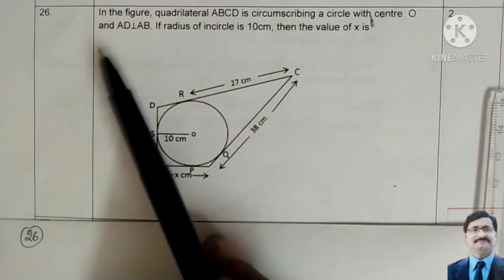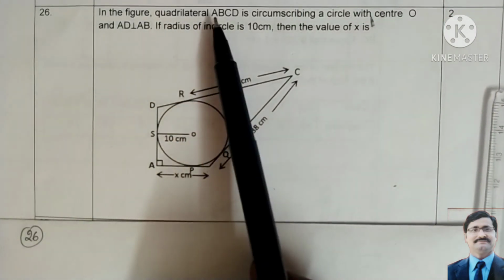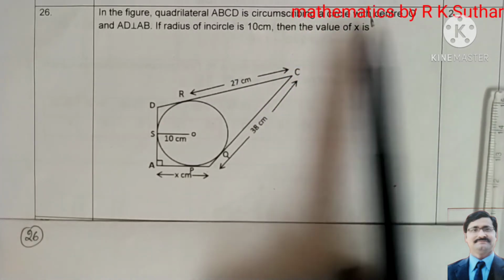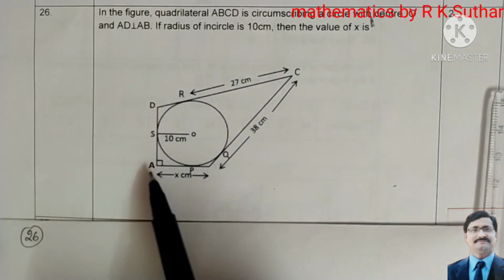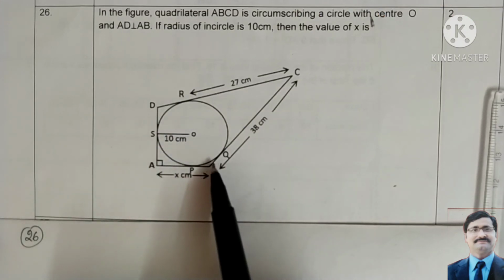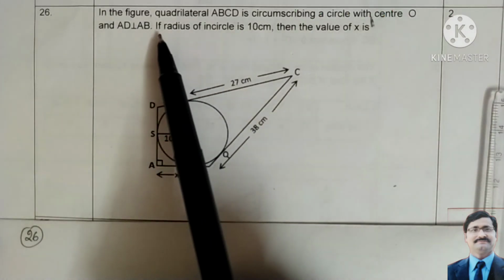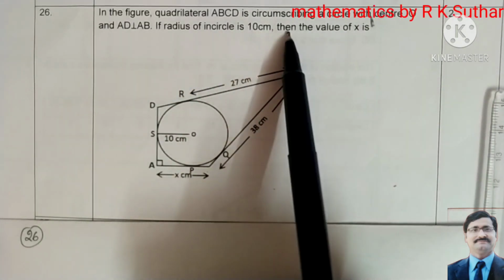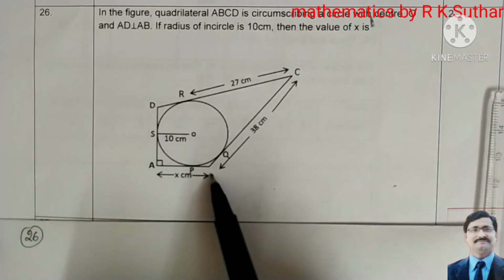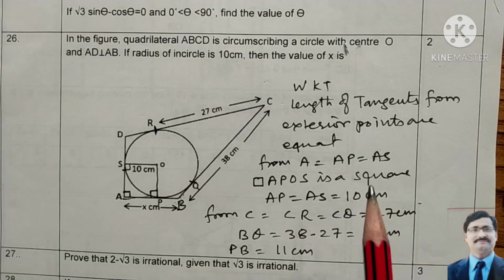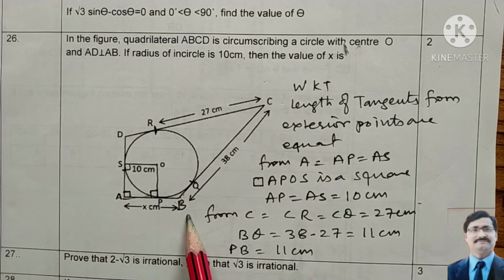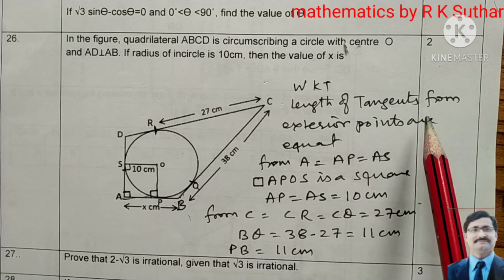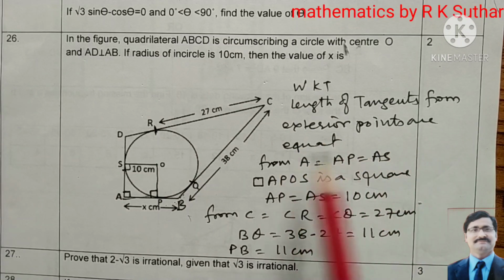Look here in the figure, quadrilateral ABCD is circumscribing a circle with center O, and AD is perpendicular to AB, and the radius of the incircle is 10 centimeter. Then find the value of x. This x value we have to find. Look here all of you, this is a point B and this is x, and we know that lengths of tangents from exterior points are equal.